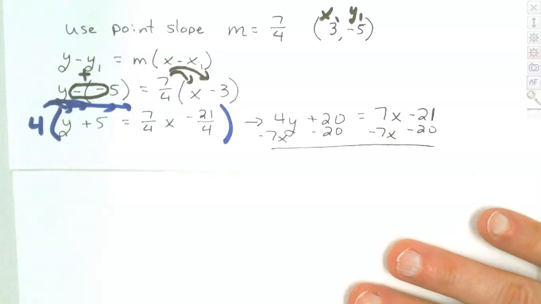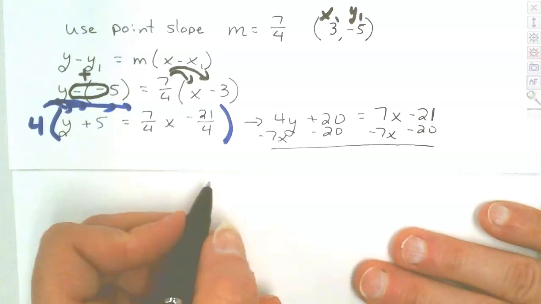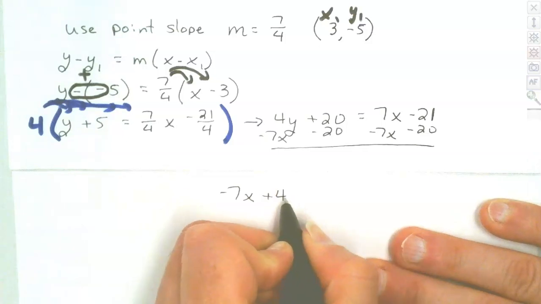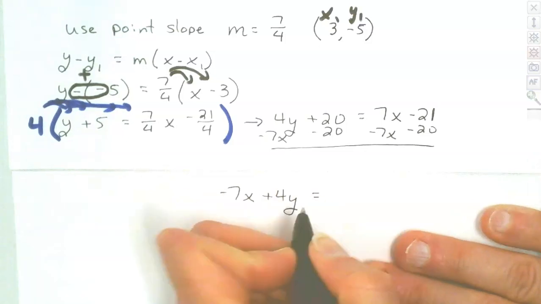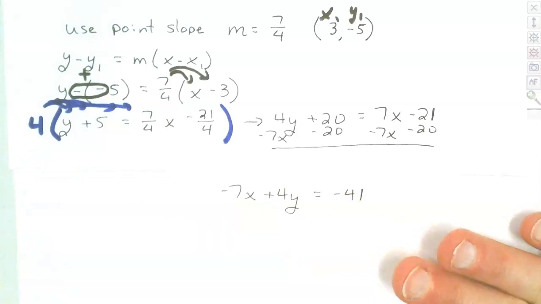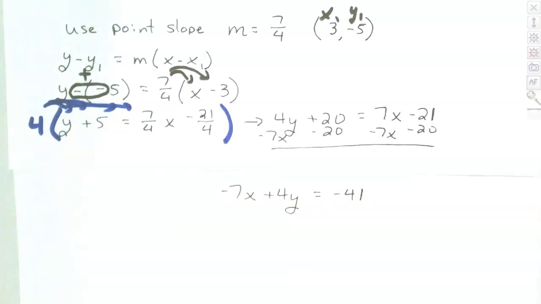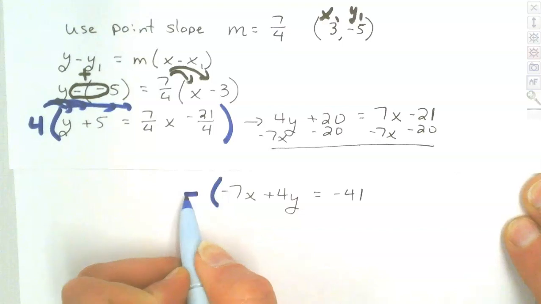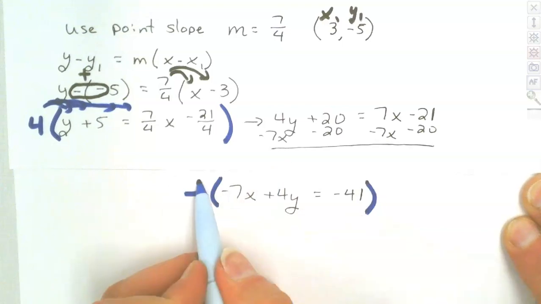That leaves us then with a minus 7x plus 4y equals, when we put those together, a minus 41. This is not quite in standard form. We need to make it in standard form. Has a negative in front, so we need to get rid of that. So we'll distribute a negative through.